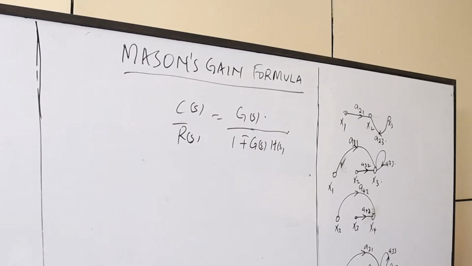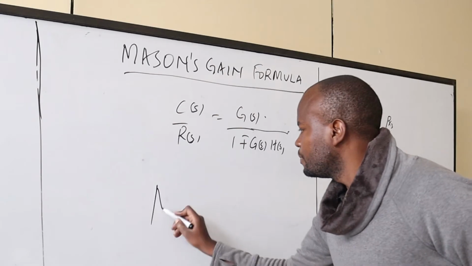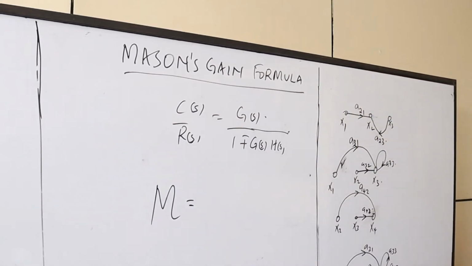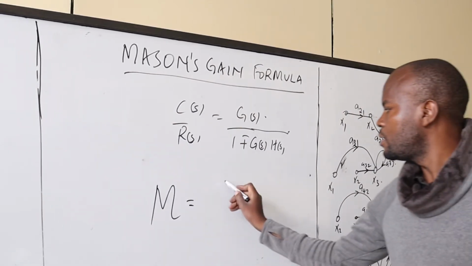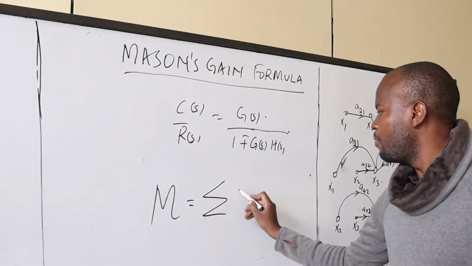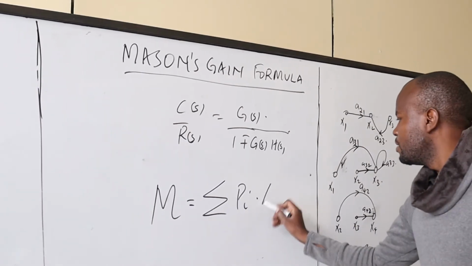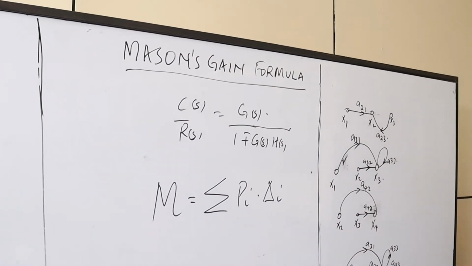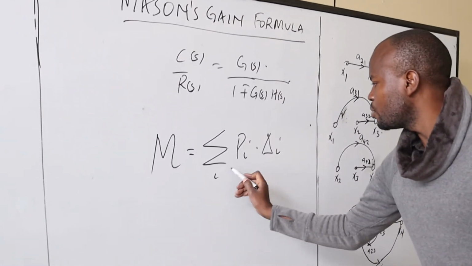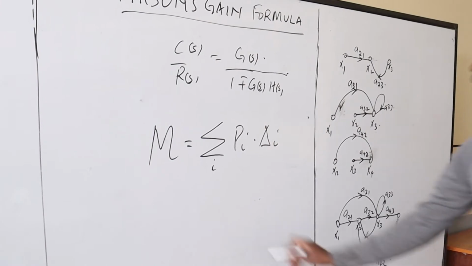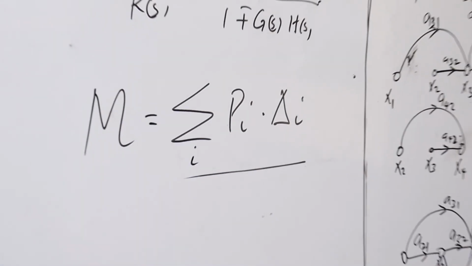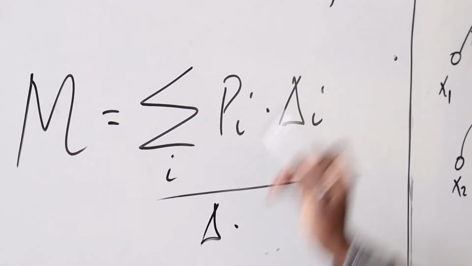You accomplish that by using the Mason's gain formula, which is given as M equals sigma of Pi times delta i, all over delta, which is the overall determinant.